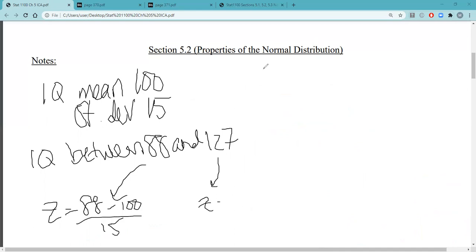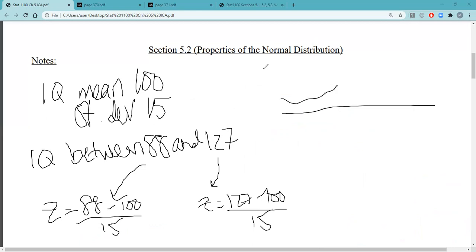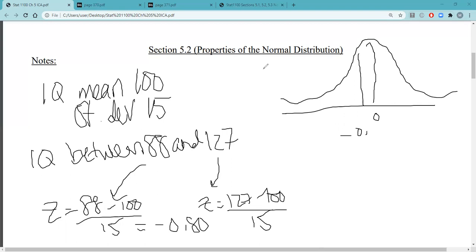Same thing here, z is equal to 127 minus 100 over 15. We should have our z values of negative 0.80 and also a z-score of 1.80.